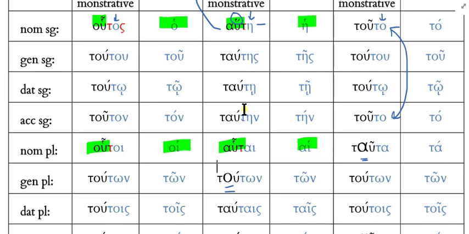Now, I've just put the article here to show you how the article is similar to the back end of each of the demonstratives. You wouldn't really see hē, haute, right? This is just a point of comparison. In other words, if you can parse an article, you should be able to parse a demonstrative pronoun. Follow the same case endings.